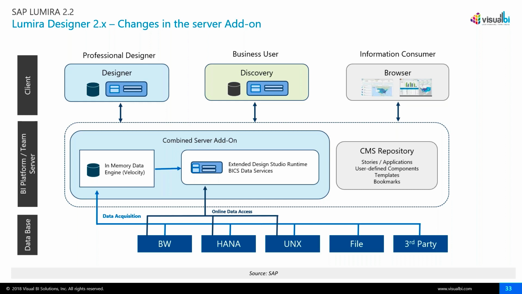This houses the velocity engine that Discovery uses to acquire data sources and the BICS data services that both Discovery and Designer use to connect to live data sources, such as BW or HANA. Now, the combined server add-on reduces the effort for maintenance by administrators, but the client tools still need to be separate and they need to be installed on your system.